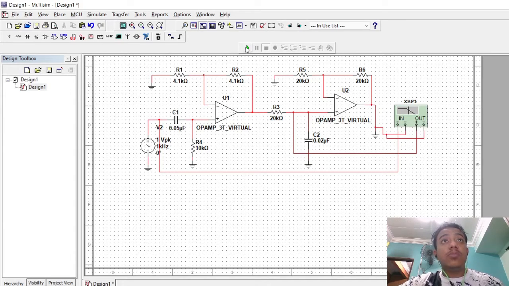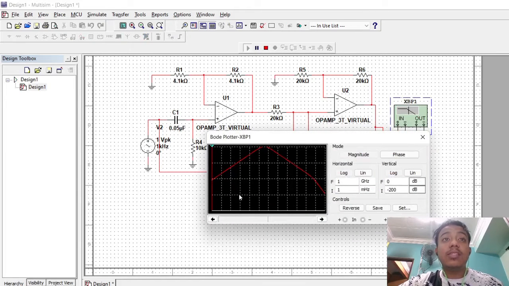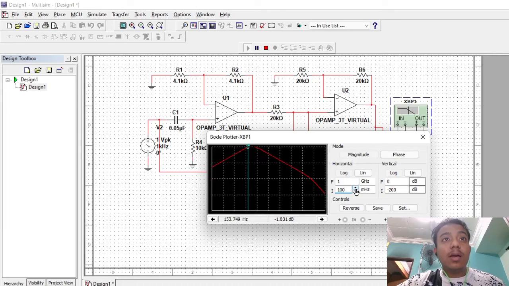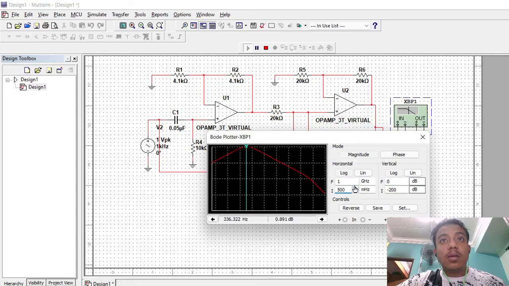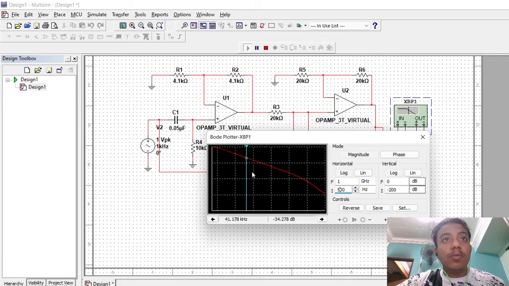After that we run the simulation, and we can see our graph, which is here. If we want to set the cursor more accurately on our graph, we can do it like this. Then we put it here, and we can see our graph, which is for the 3000 here.